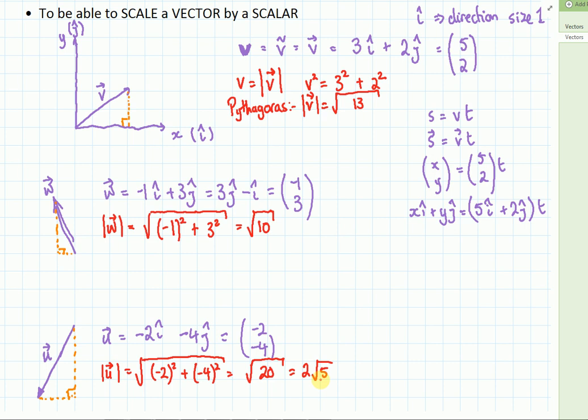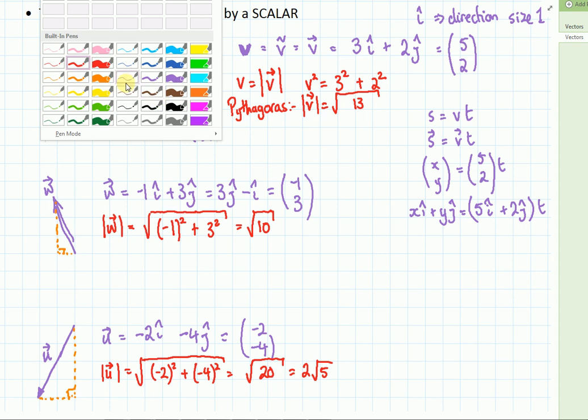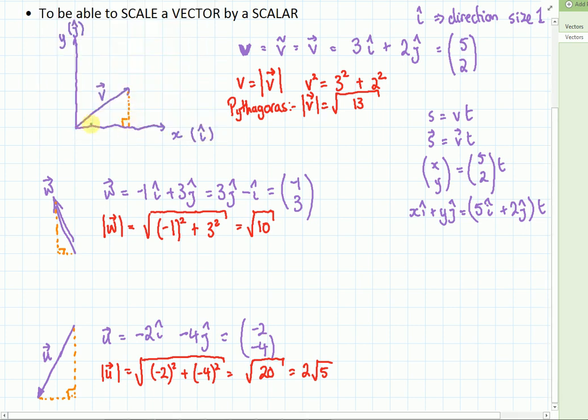length. We can also measure the angle from the horizontal axis. The angle in there. And that's called the argument. That's when it's arg. And the arg of the vector v is the angle. And that angle comes from doing, we've got an opposite and an adjacent. So that's a tangent.